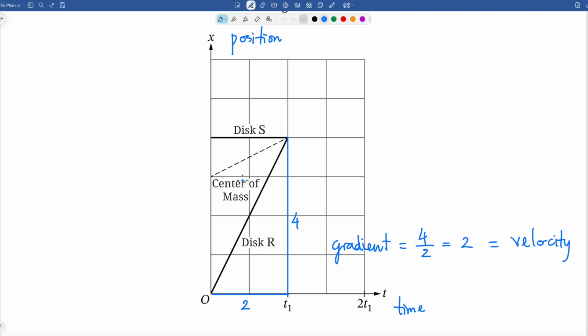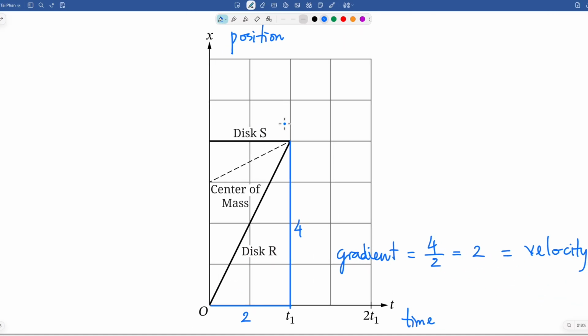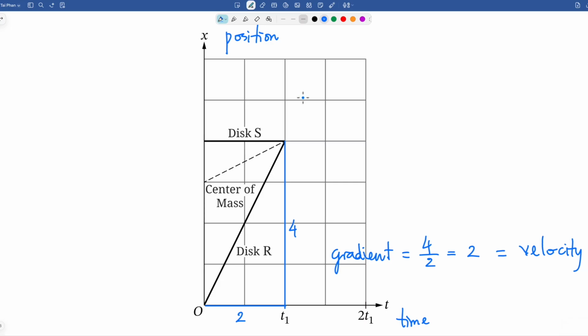Then we have the dashed line, which represents the center of mass. I would like to remind you of a very important formula about the center of mass that most students forget. The velocity of the center of mass is the total momentum, P1 of the first object plus P2 of the second object, before or after collision, at any instant, divided by the total mass of the two objects, or many objects if the system involves more than 2 objects, m1 plus m2.